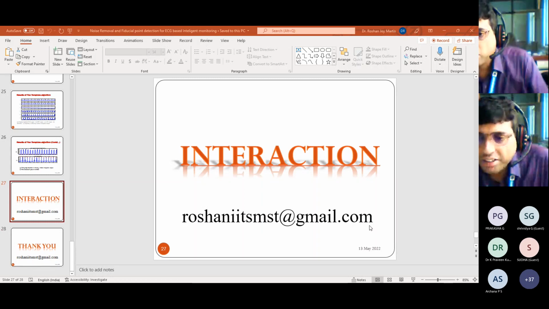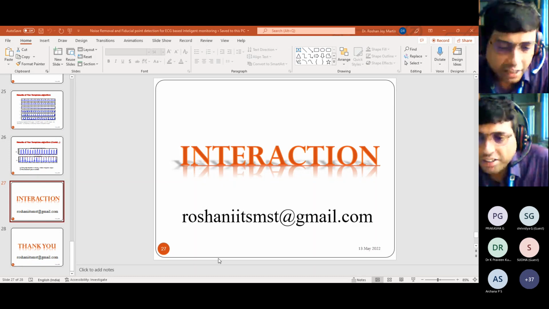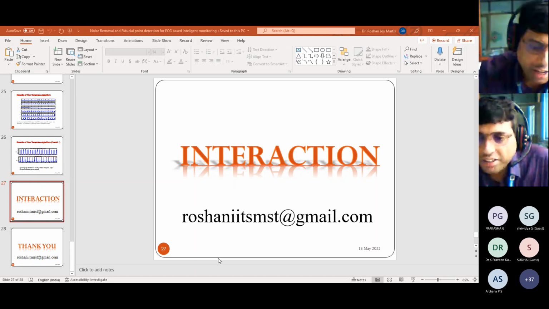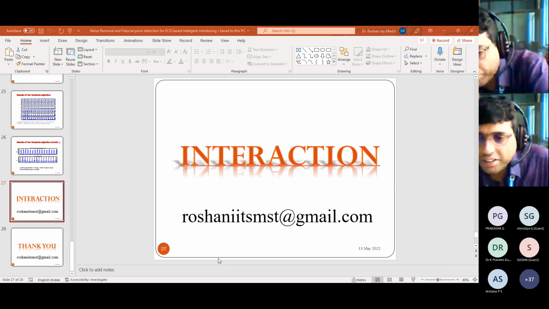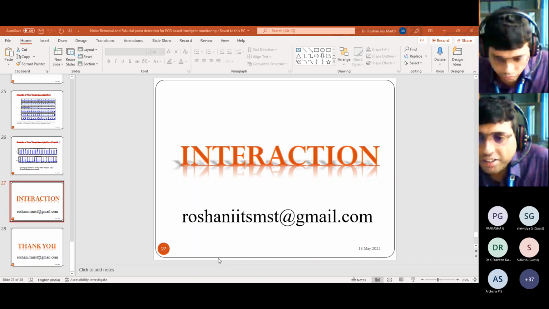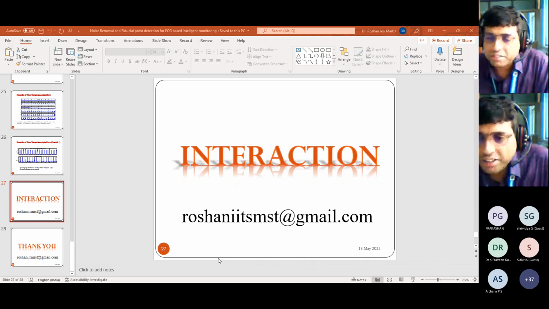Somebody has asked where the database can be obtained, data sets for AI, ML or deep learning. Data are available; for most applications, open source data is available today. When you do the literature survey for your work, you find some of the methods proposed by various authors, and they mention which database they used.